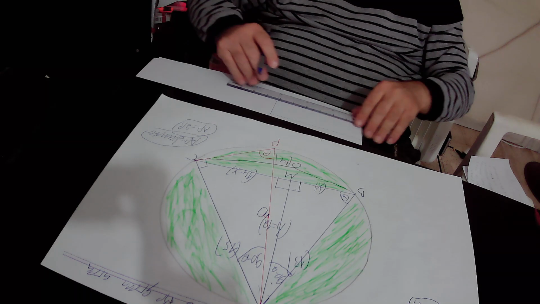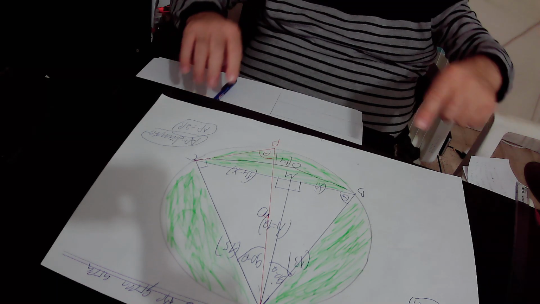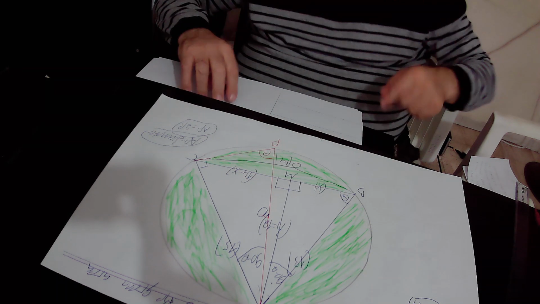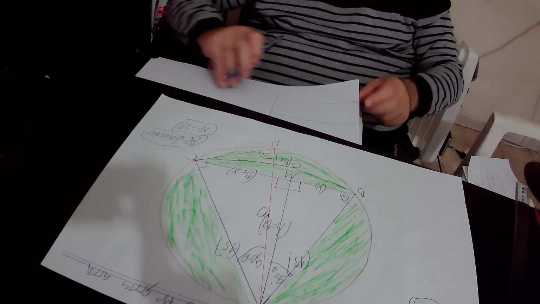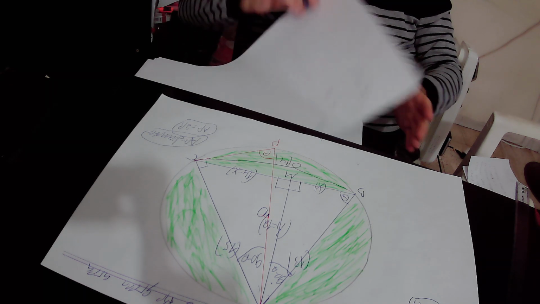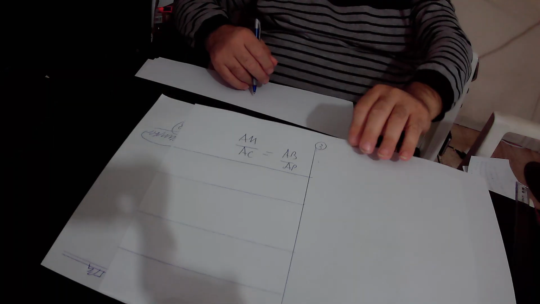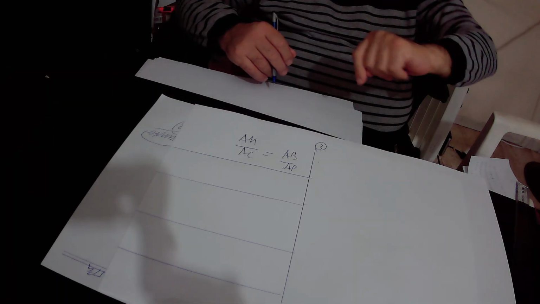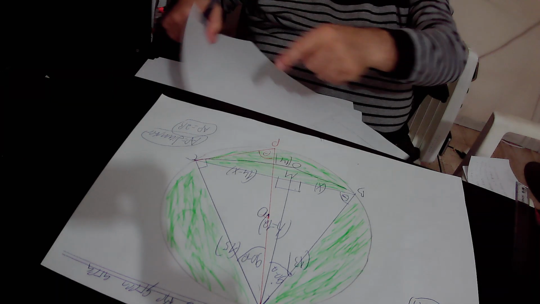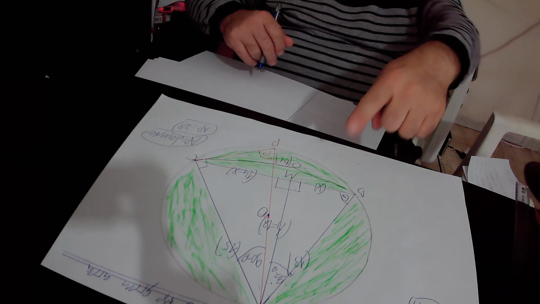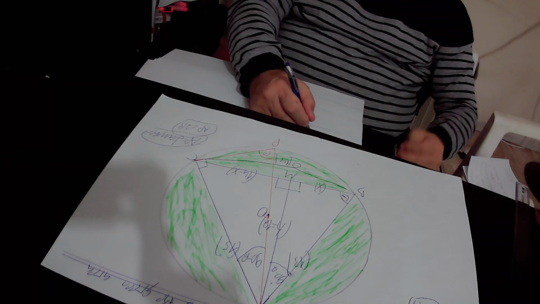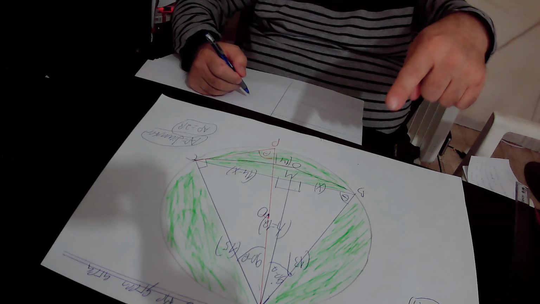Repeat again, from the fact that those two right triangles are similar to each other, we will derive that AM over AC equals AB over AP. AM equals 12 units over AC.